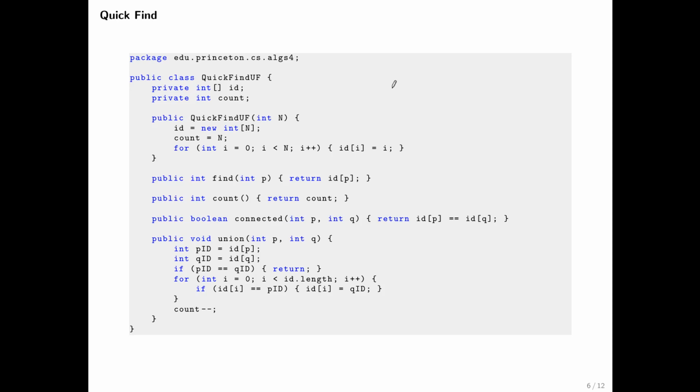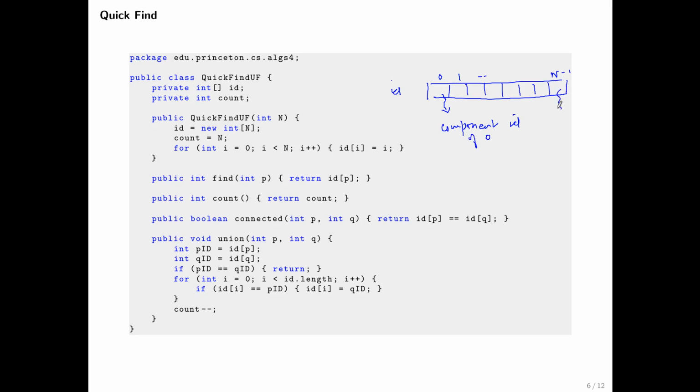So id is simply an array that goes 0, 1 and so on all the way up to n-1, and what it stores for value is the component identifier. Okay, it's the ID of the component to which this site belongs, component ID of 0.